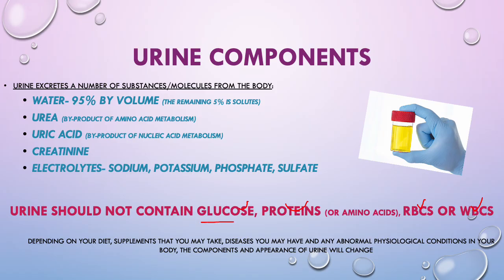Maybe it's an indication of uncontrolled diabetes. Maybe it's an indication of a heavy injury to the glomerular capillaries and nephrons, and then we're letting stuff filtrate through. Infection or damage, these are bad things that we don't want to see and need to be addressed. This is kind of like the first signs that something is amiss.